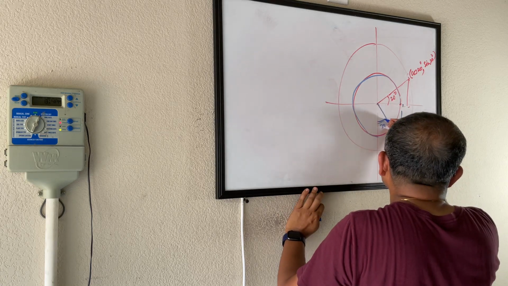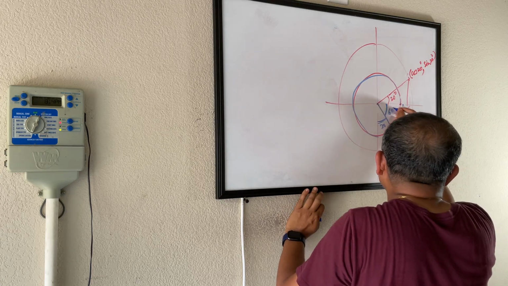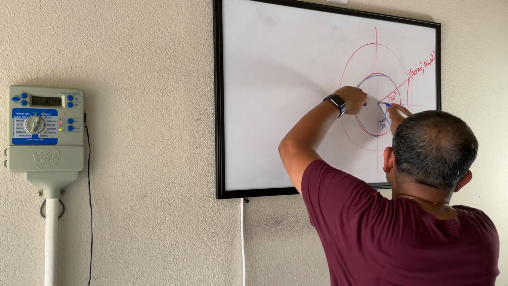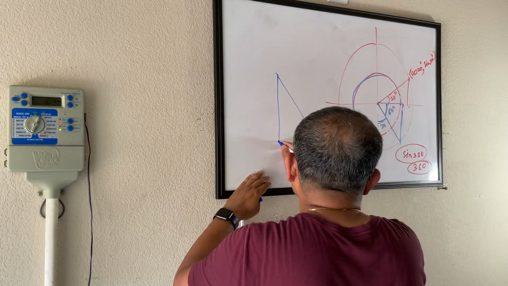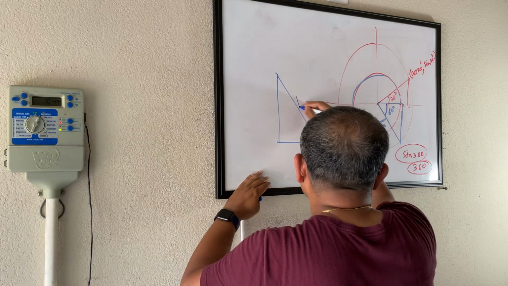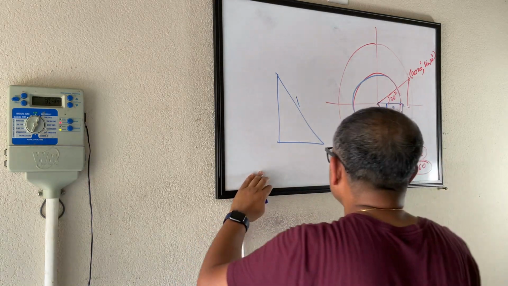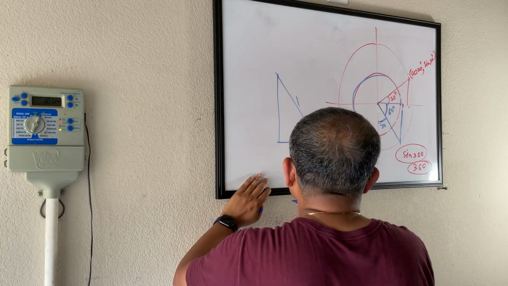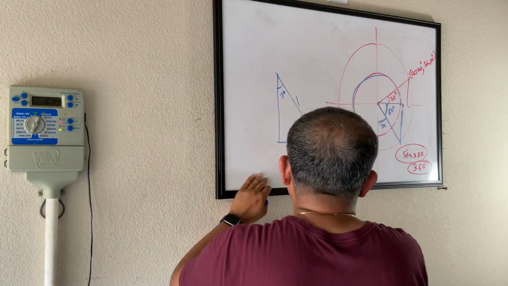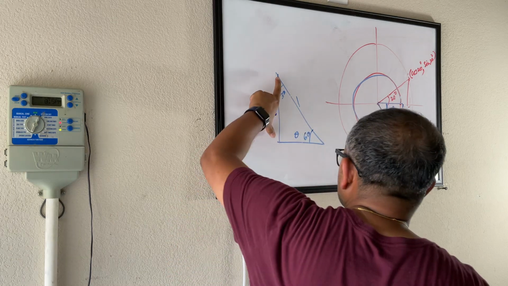So if this is 30, then this is 60. I will treat this as a right angle triangle where this radius is 1 for me, and this is 60 degree. This is 30 degrees.